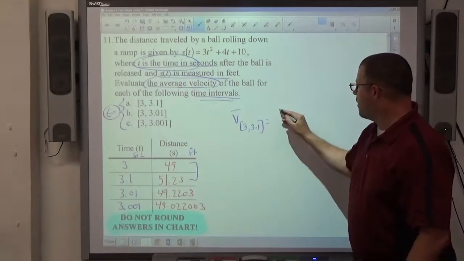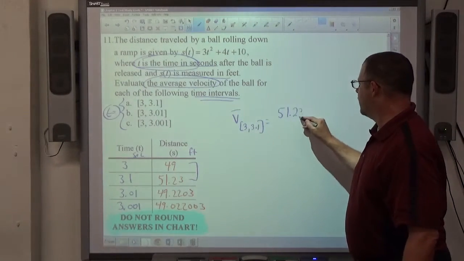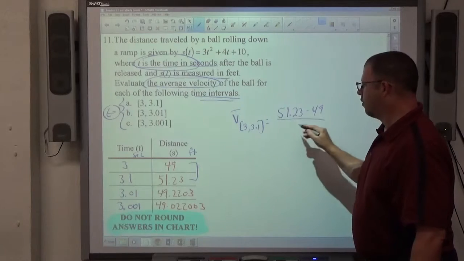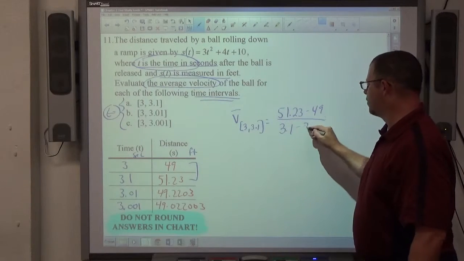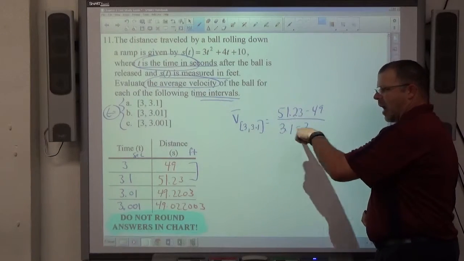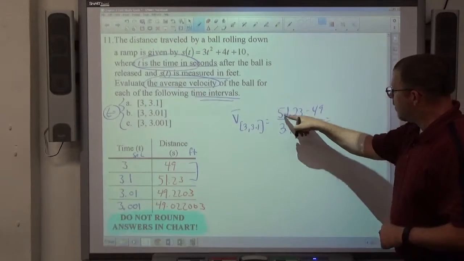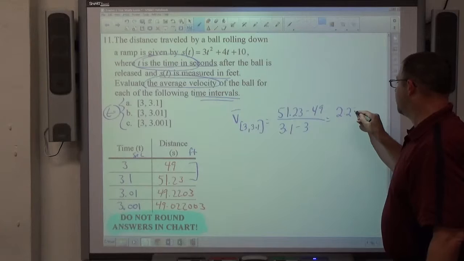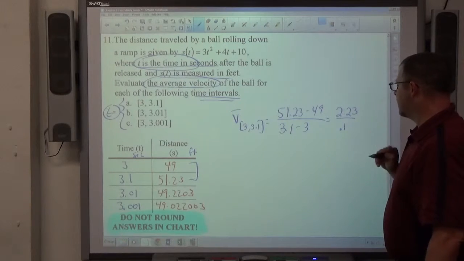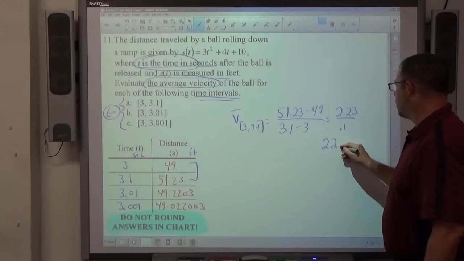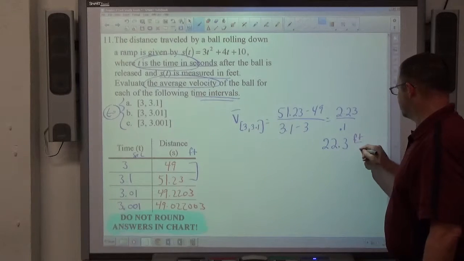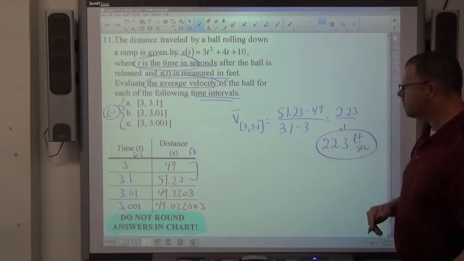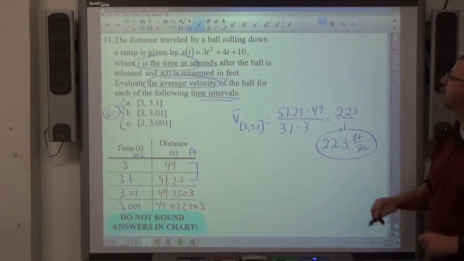So 51.23 minus 49 over 3.1 minus 3. How far did it go? How long did it take? 51.23 minus 49 is 2.23 feet, and it took 0.1 seconds. That comes out to 22.3 feet per second. That's all they're asking you to do, find the slope.